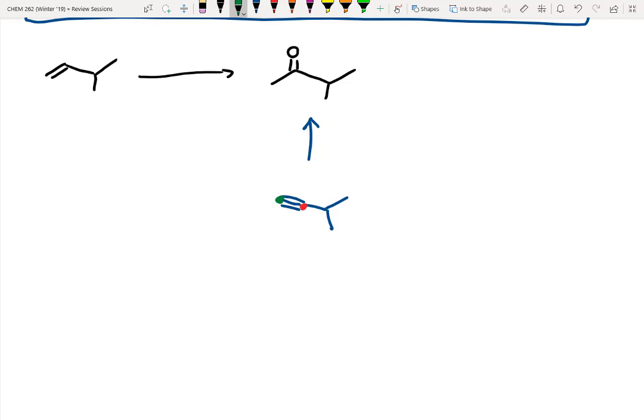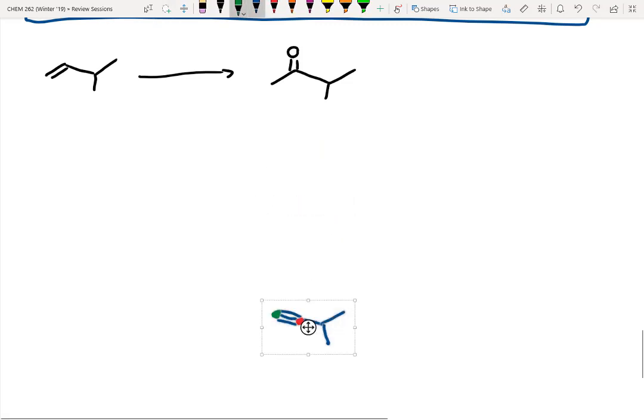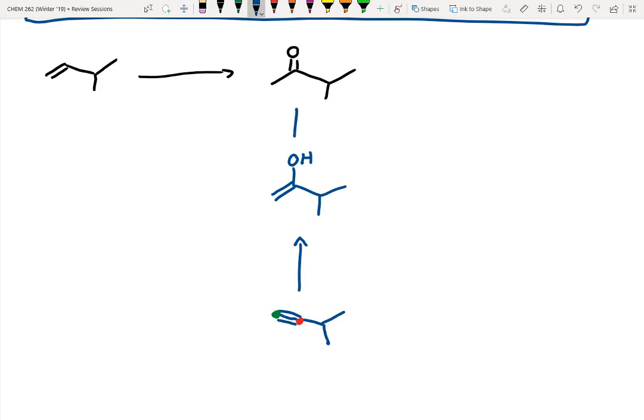So let's actually back this up a little bit. I'm going to slide this down. Our goal in the first step was to make our enol by hydrating the more substituted side of that alkyne. What reagent do we need to accomplish that?